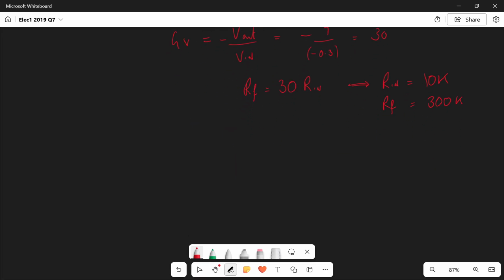And now we can give all of the values, because what this means is that the resistance of A is equal to the resistance of B, and that is going to be 10k. And the resistance of C is going to be equal to the resistance of D, and that is going to be the higher value of 300k. And that concludes question 7.